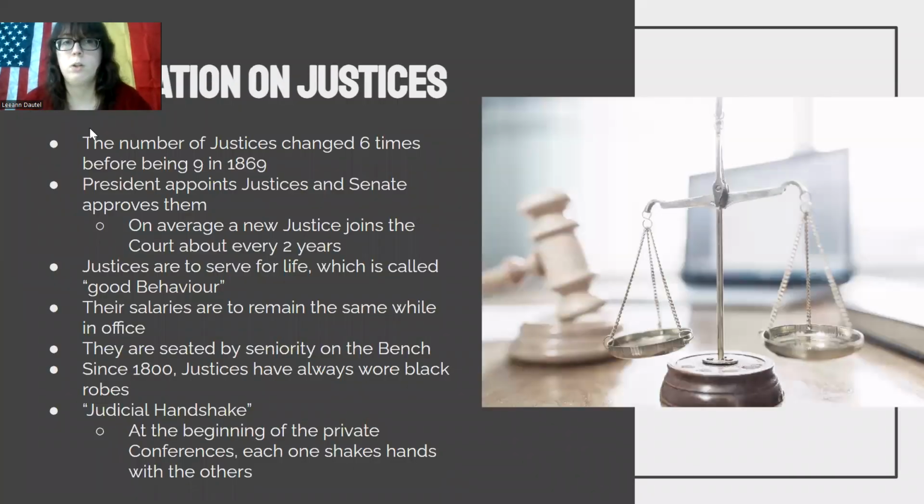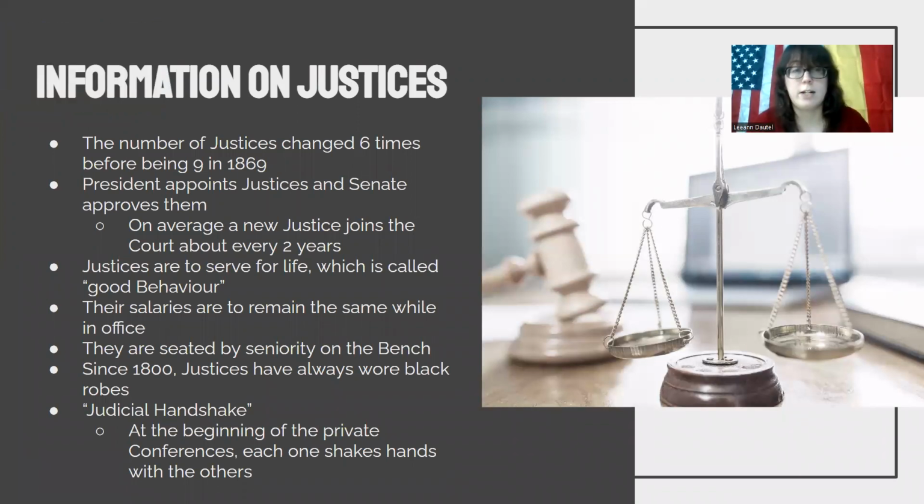So let's get into information on justices and what their job looks like, and even their salary. Prior to 1869, the number of justices changed at least 6 times. And it was finally decided that there should be a total of 9 Supreme Court justices to oversee cases that are brought to the Supreme Court.